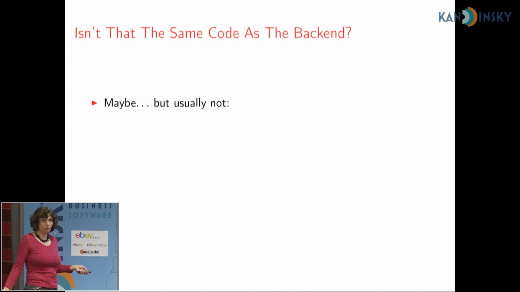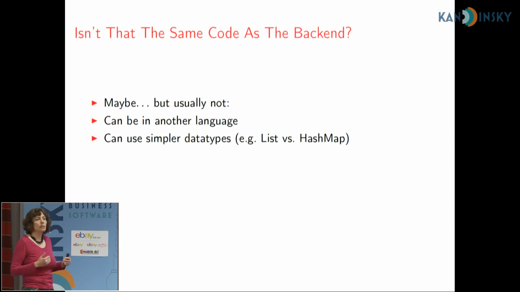Maybe it is the same, but usually it isn't. Because, as I said, you could use another language if you wanted. You can use simpler data types. In production you might have performance considerations, and you want this high-performance, super complicated data structure, right?